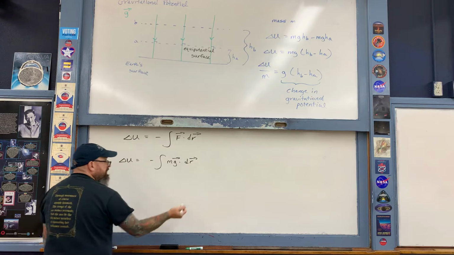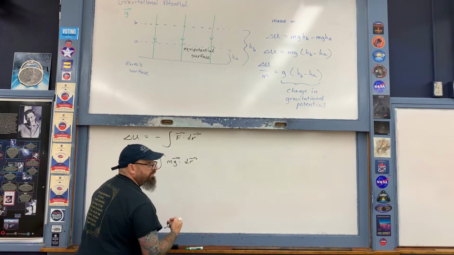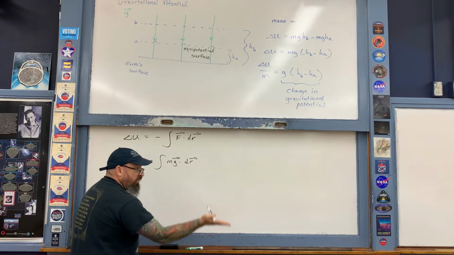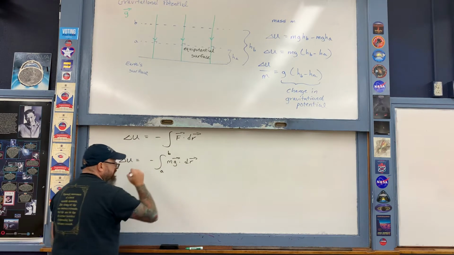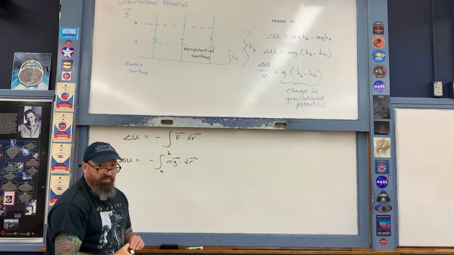And then in terms of the notation on the diagram above, imagine lifting the object from point A to point B. So generically, I'll just refer to the limits of integration here as point A and point B.